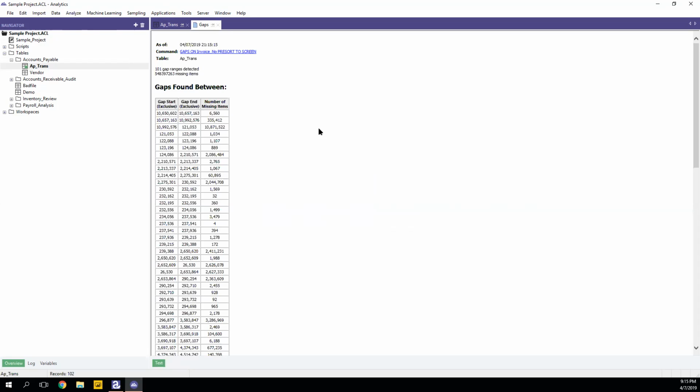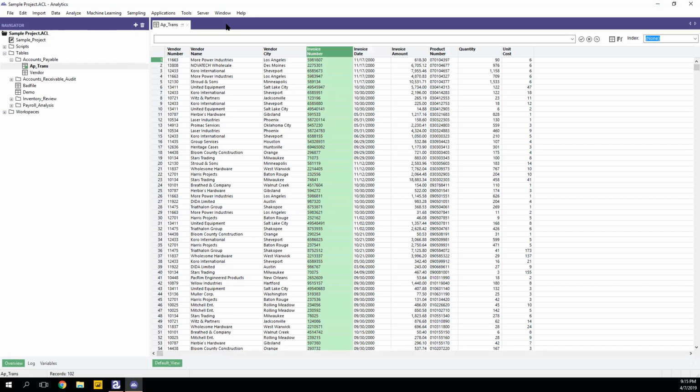Those vendors don't put their invoice numbers in order and compare them with each other. So by definition, these are going to be all over the shop. So there's no real drama here that there are gaps found. So that's okay.